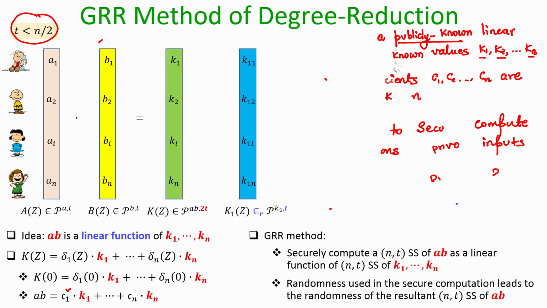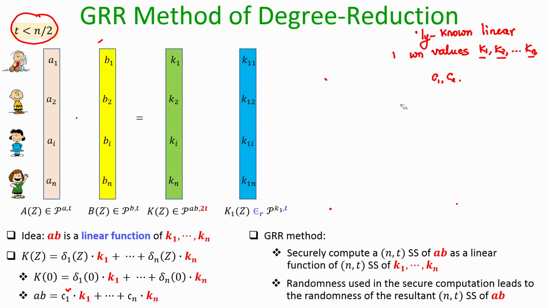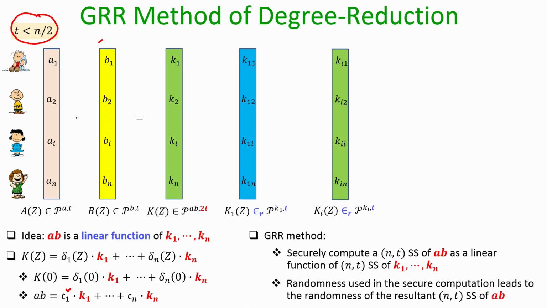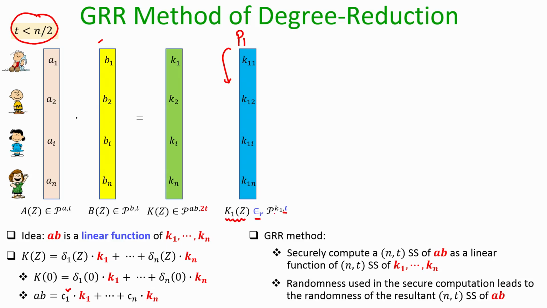Basically each party has to secret share their private inputs, which are k1, k2, ki, kn respectively, and since the linear function is publicly known, namely the linear combiners are publicly known, the parties can apply that linear combination on the shares of k1, k2, ki, kn, and then obtain the respective shares of AB, right. So, we ask P1 to do this, namely it picks a random polynomial k1(z) of degree t and secret shares k1, namely it runs an instance of Shamir secret sharing to secret share the input k1.